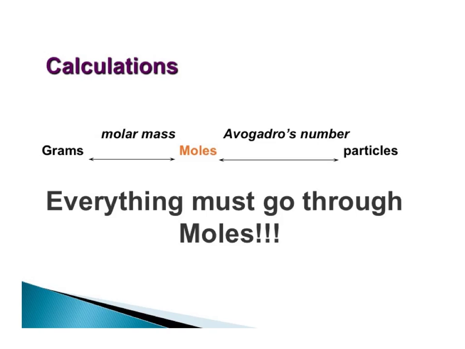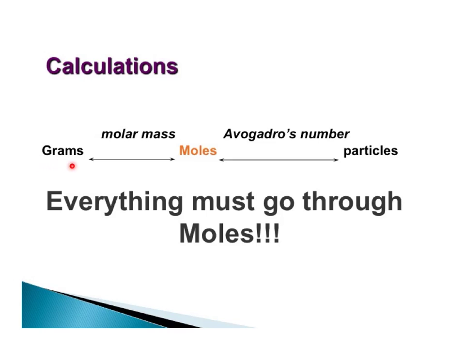Okay, next thing we're going to talk about are some of the 3-step problems, which I know a lot of you guys are having issues with. So just remember that everything must go through moles. Again, if you are doing a conversion and you have not converted anything to moles, you are doing it wrong. You need to go back and look at what you did and see how you can convert something to moles.